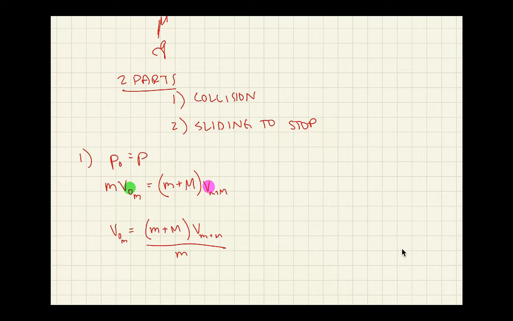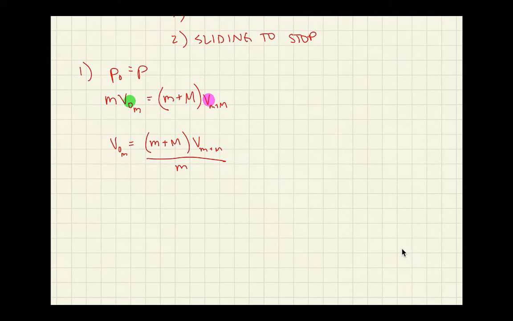So in an elastic collision, I would be setting up an energy equation in order to substitute in there, but this collision's not elastic. It's inelastic. They stick together. So I'm going to have to find my system of equations elsewhere. And so in doing that, I'm going to say what I know about the sliding to a stop. Following the collision, I know that the objects are moving with speed v, so they have kinetic energy, and that there's work being done on them by friction, ultimately leading to them stopping.